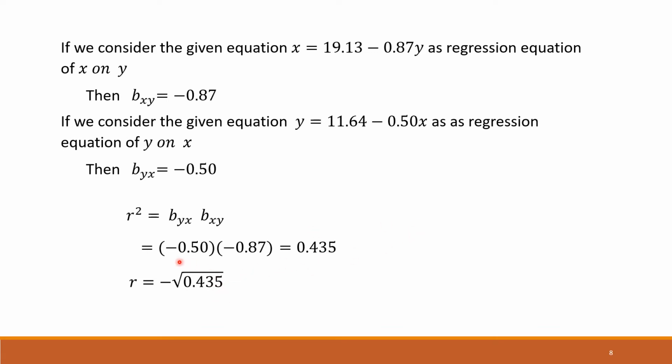Now since byx and bxy are negative, r value will also be a negative number. So r will be equal to minus 0.6595. Okay, the sign of r depends upon the signs of byx and bxy. If both are negative, r value is also going to be a negative number.